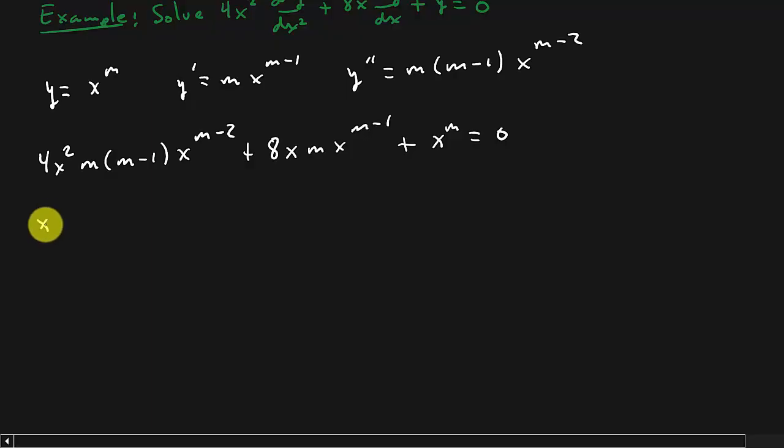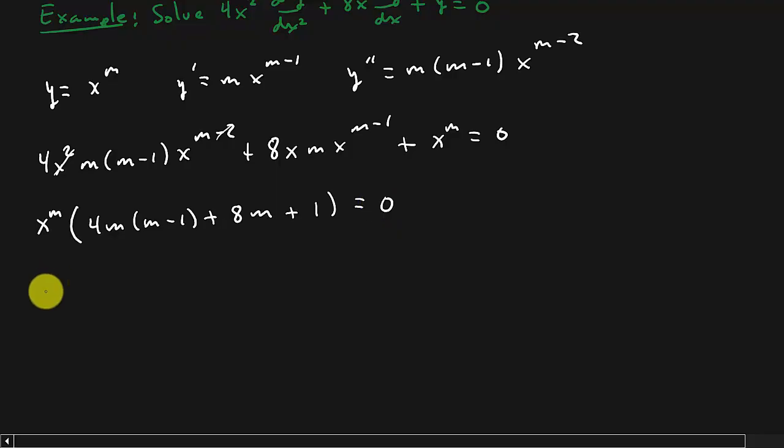All right, so we're factoring out x to the m, and remember the x squared and the x to the negative 2 is going to go out, so that's going to leave me with 4m times m minus 1 plus 8m, right? See, the x to the m comes out, and times x to the negative 1, that goes to 1, plus 1 equals 0.